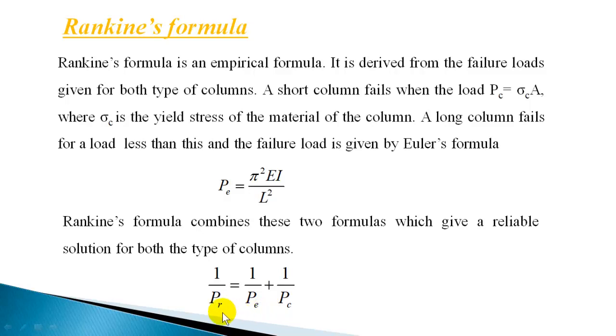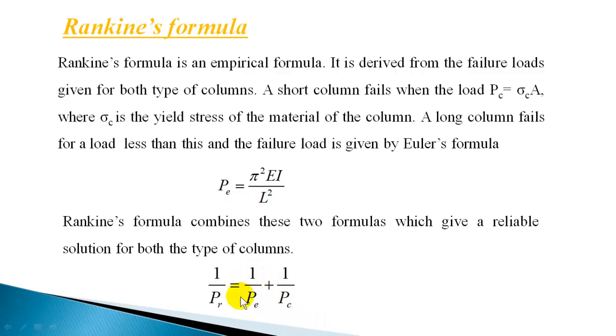So in that case, PR will be approximately equal to PE. So this gives a reliable solution for any type of column, and this is proposed by Rankine, and it's known as Rankine's formula. And this formula we can reduce further.